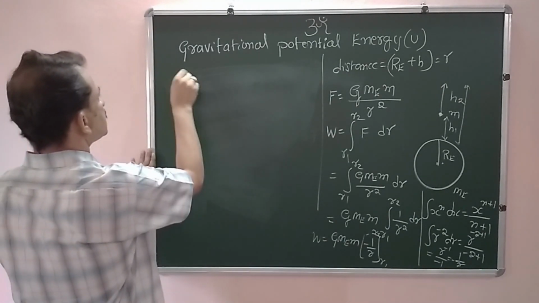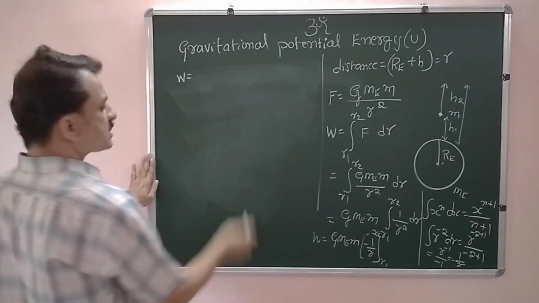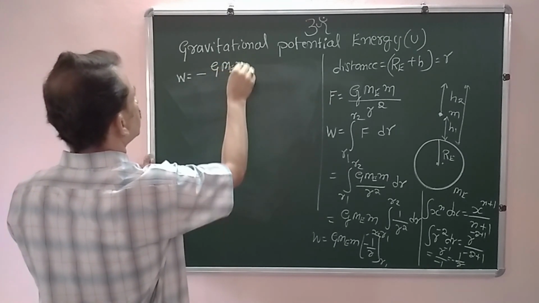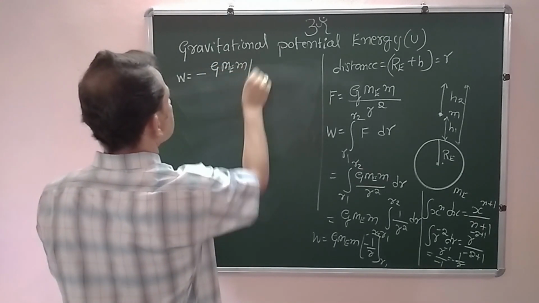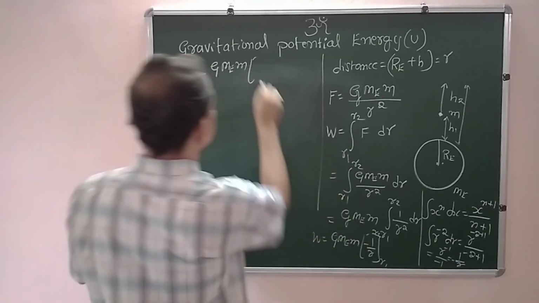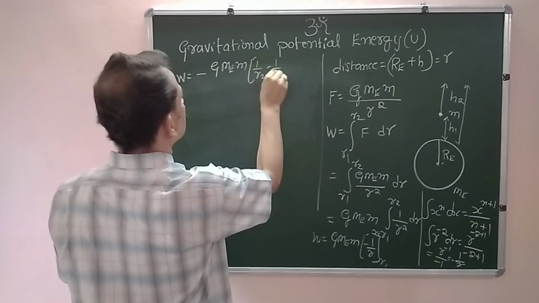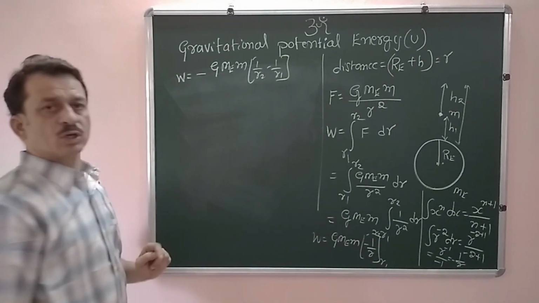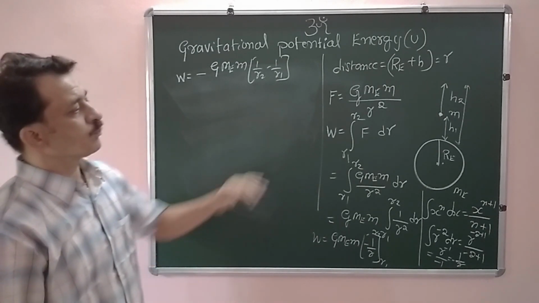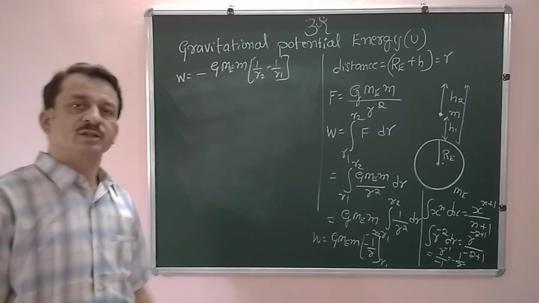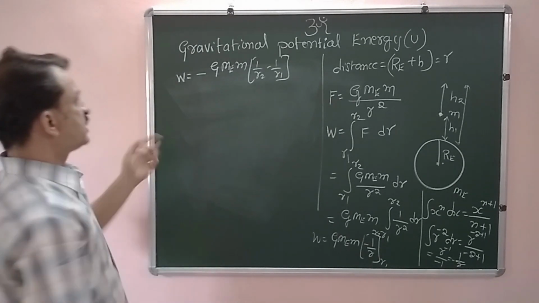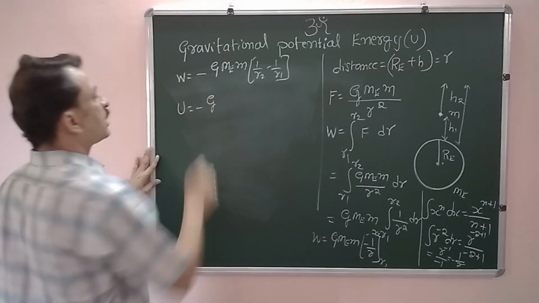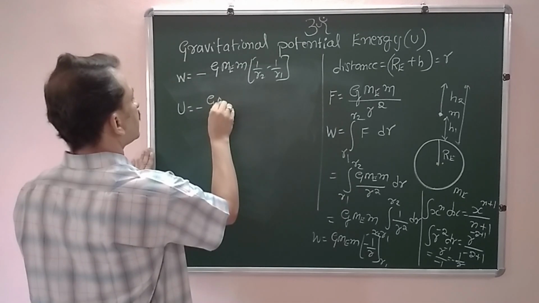Therefore, this work done is equal to, applying the limits, if I take the minus sign, G Me m, first upper limit 1 by r2, lower limit 1 by r1. Now this amount of work done in lifting the object from r1 height to the r2 height is stored as the potential energy of the system, gravitational potential energy between the Earth and the point mass.